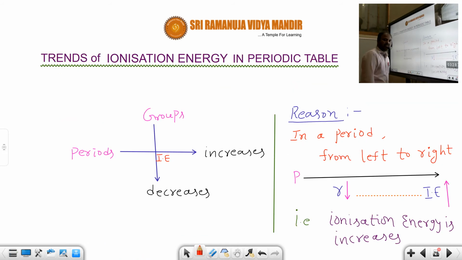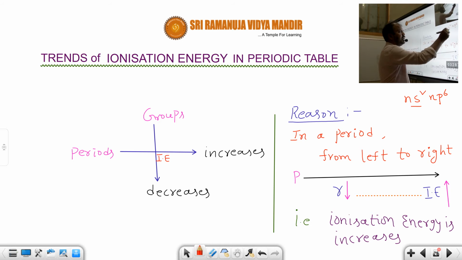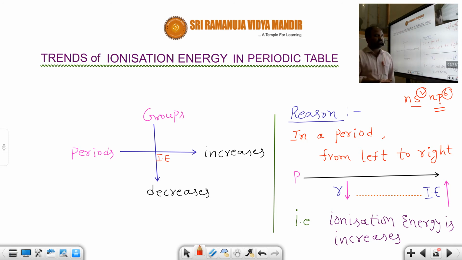Okay, half-filled and fully filled structures are more stable, that's why they have more ionization potential. Generally, noble gases have a fully filled structure, because in the noble gases it is ns2np6, that means the s subshell is completely filled and the p subshell is completely filled. So whenever completely filled orbitals are there, they have more ionization energy values.